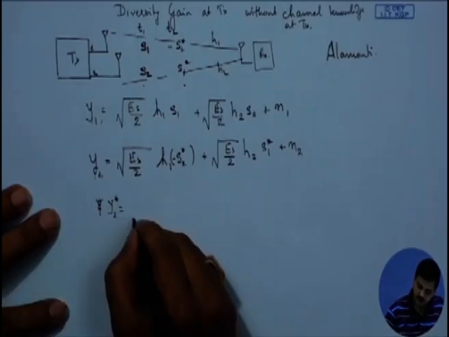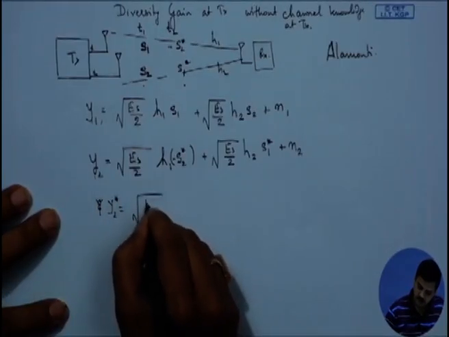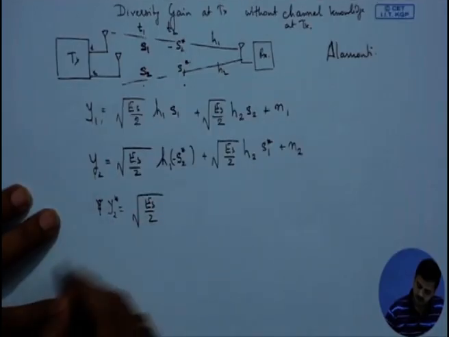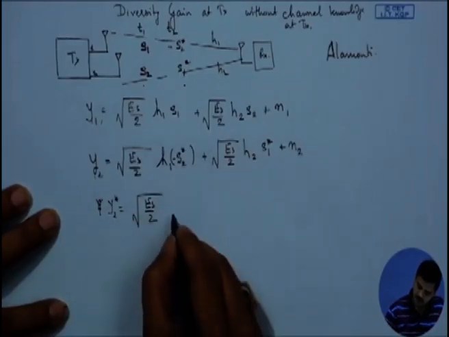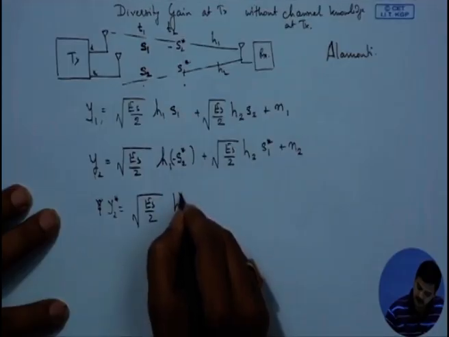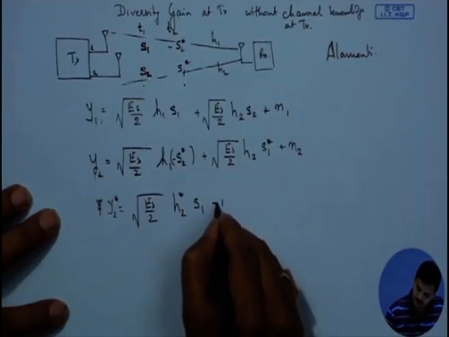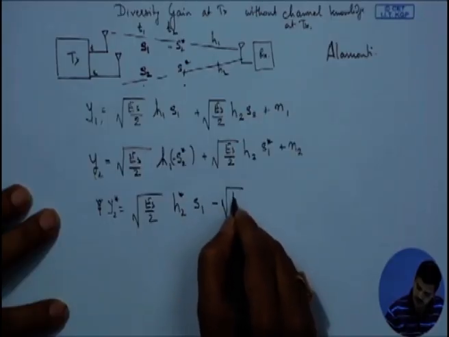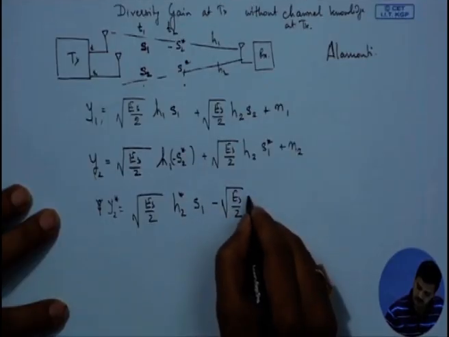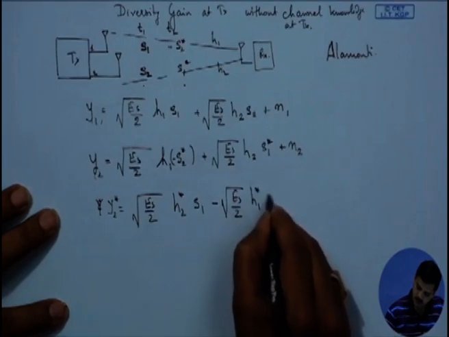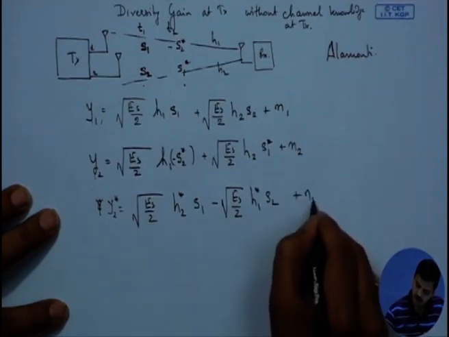So when we use y2 conjugate, we would get root over Es by 2, and I would bring this expression here first. So I would have h2 conjugate s1 minus root over Es by 2 h1 conjugate s2 plus n2.